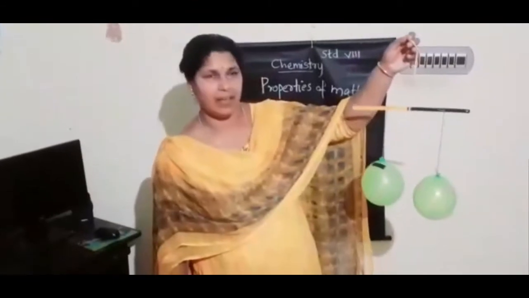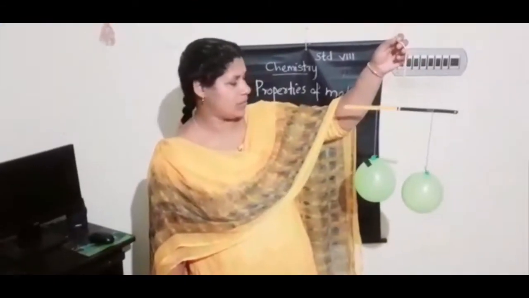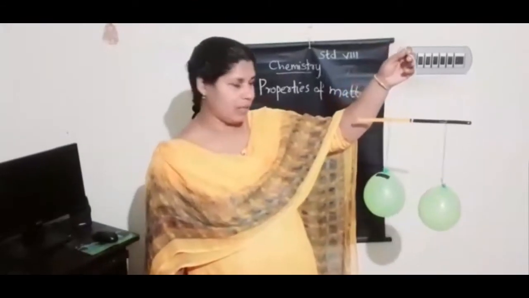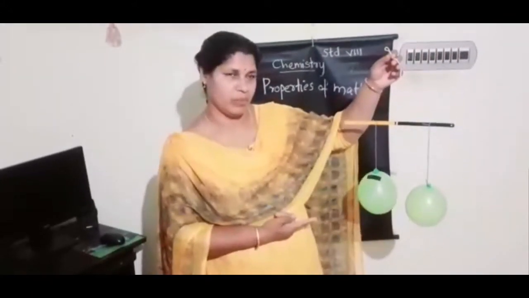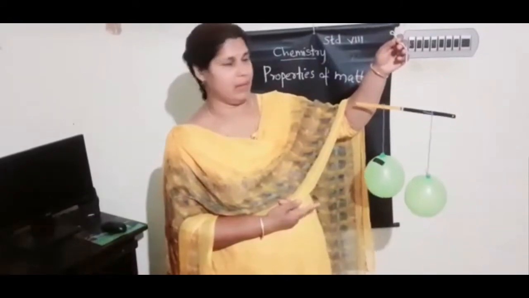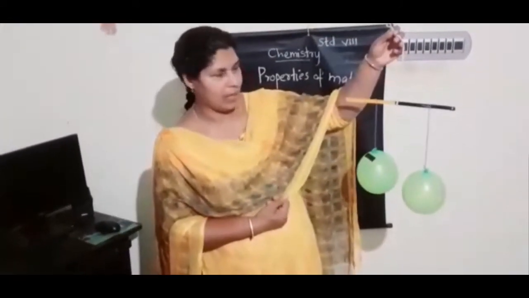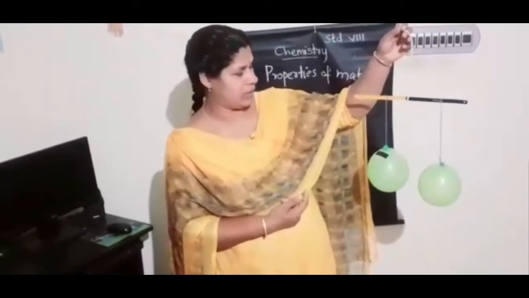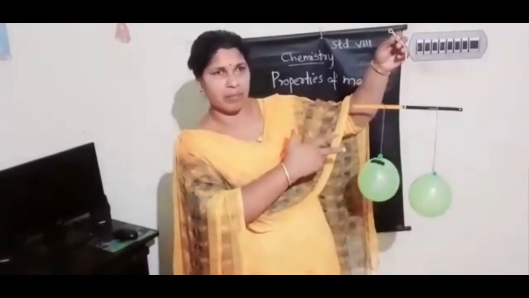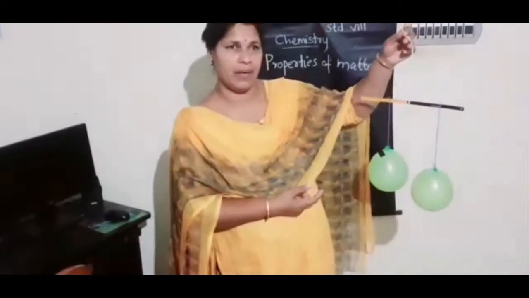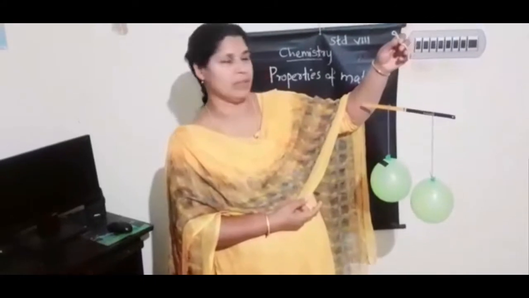Children, see, there are two balloons. Two balloons are filled with air. What is inside the balloon? The two balloons are filled with air. You just see, both of them are hanging from an axle blade, and they are in a balanced position.